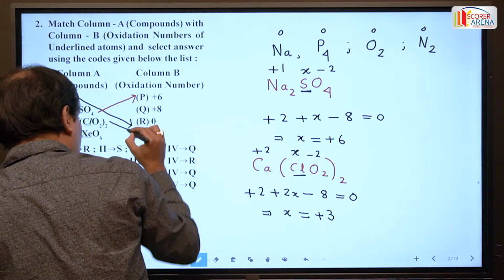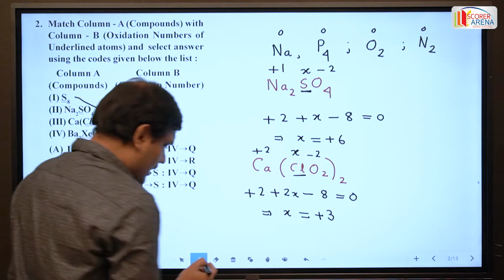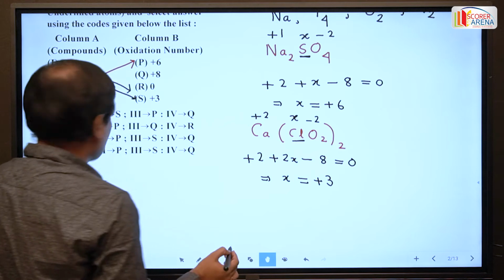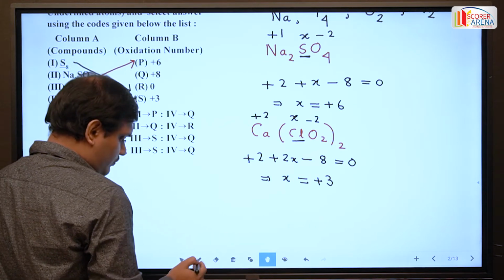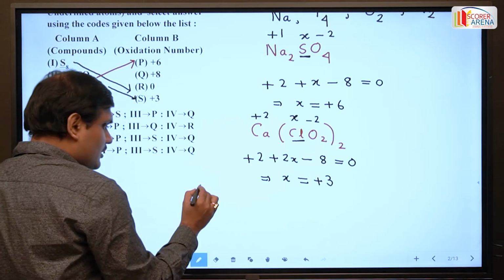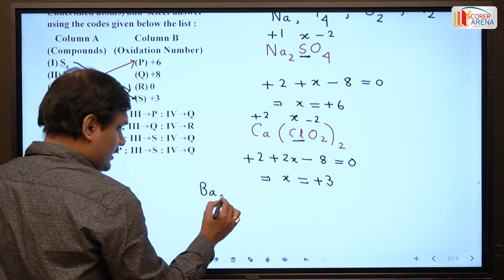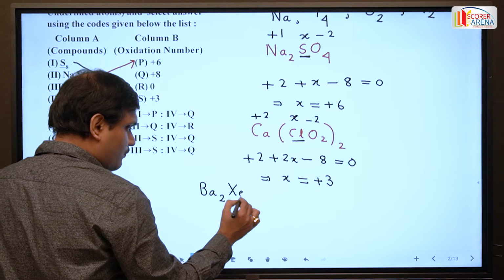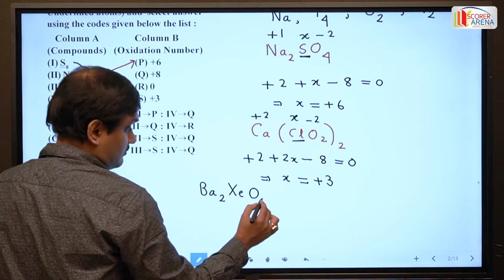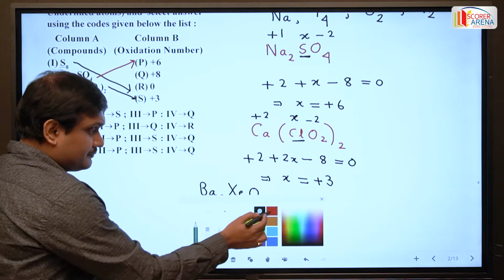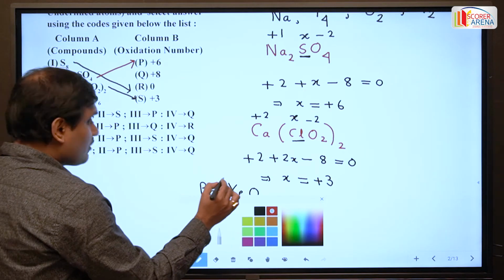And last one, it will be Ba2XeO6. Let us take again xenon, which I have to calculate.